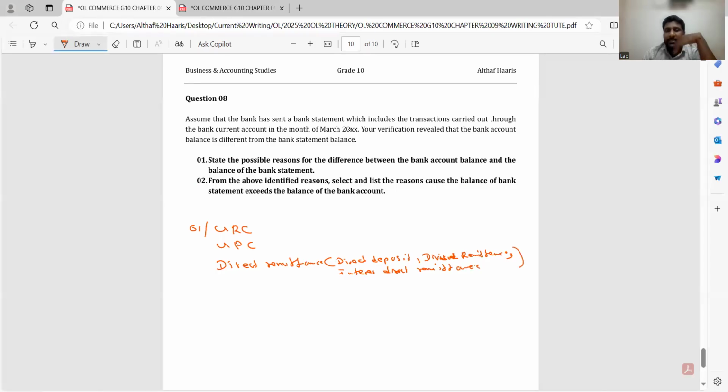So these are certain examples. Then standing order payments, checkbook charges, and bank charges. 5 things.